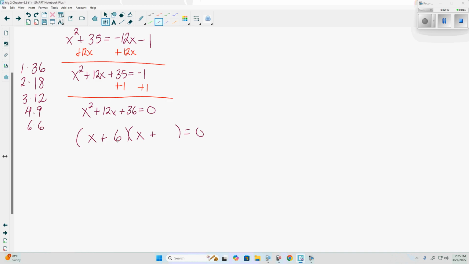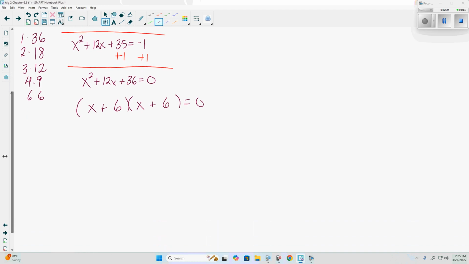Well, 6 and 6 are the ones we want. Now, since we have 2 or more expressions multiplied together to equal 0, one of them has to be 0. So we can set both of them equal to 0 and solve for the value of x.